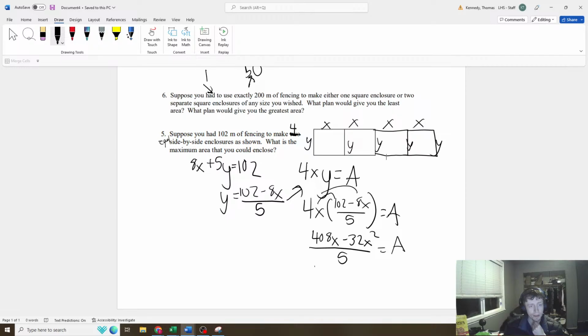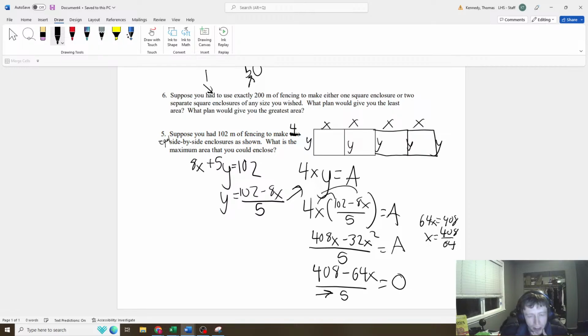And now I take the derivative, and that's just (408 minus 64x) over 5. Now you thought this over 5 thing might be really horrible for us, but since we set the derivative equal to 0, it's irrelevant. It does nothing. So all I have to do is figure out what I multiply 64 by to get to 408. So 64x equals 408. So x equals 408 over 64.